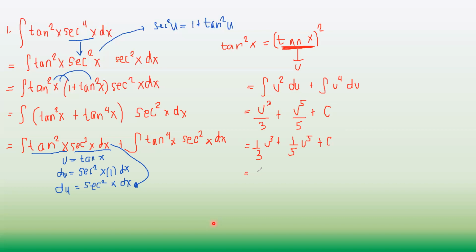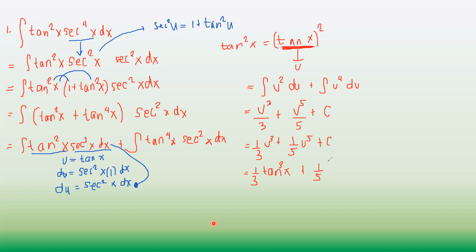or in terms of our original variable, yung pinaka-given natin, 1 over 3. Ang u ay equal sa tangent, kaya magkakaroon ka ng 1 over 3 tangent cube x plus 1 over 5 of u raised to 5.